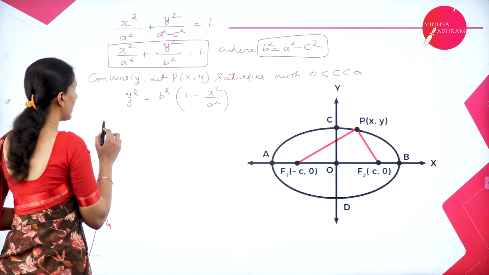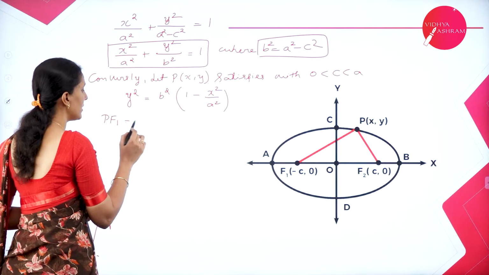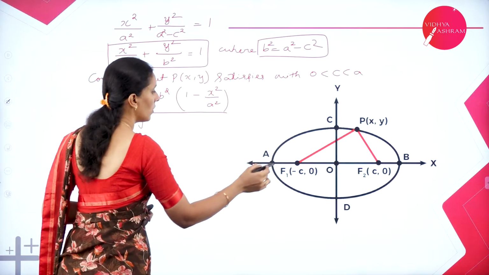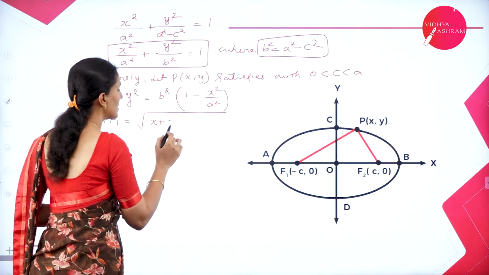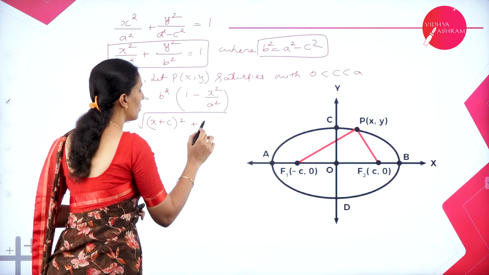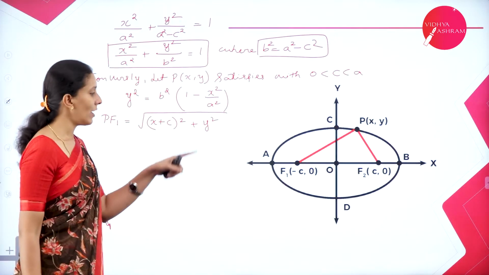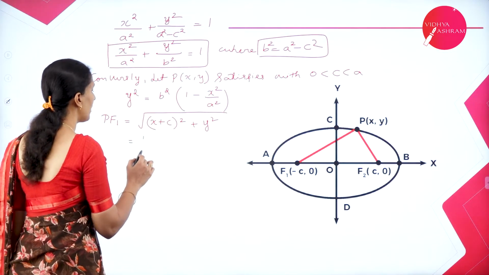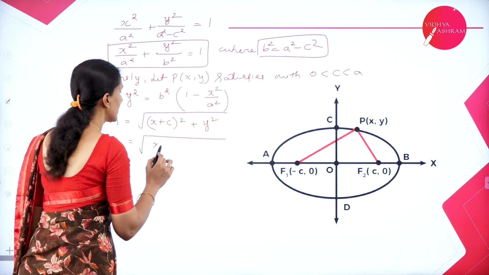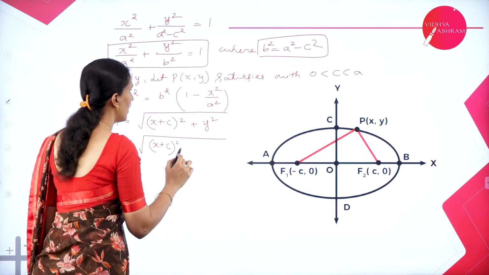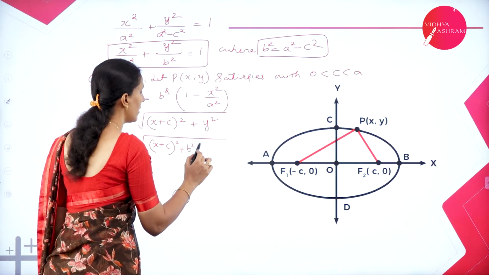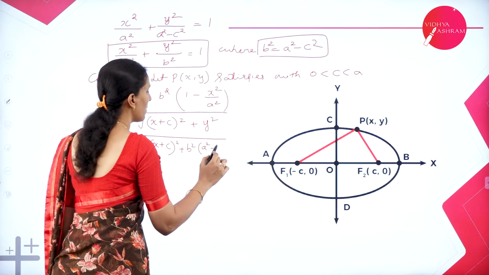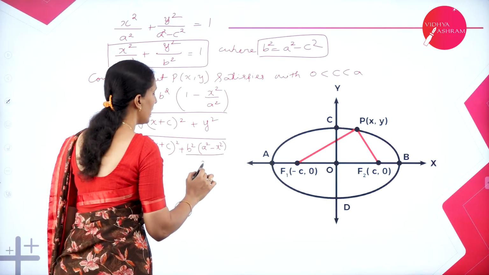Now therefore I can write PF1 is equal to square root of x plus c whole square plus y square. Now let us substitute the value of y square here. So when you substitute the value of y square, it is x plus c whole square plus b square times a square minus x square divided by a square.